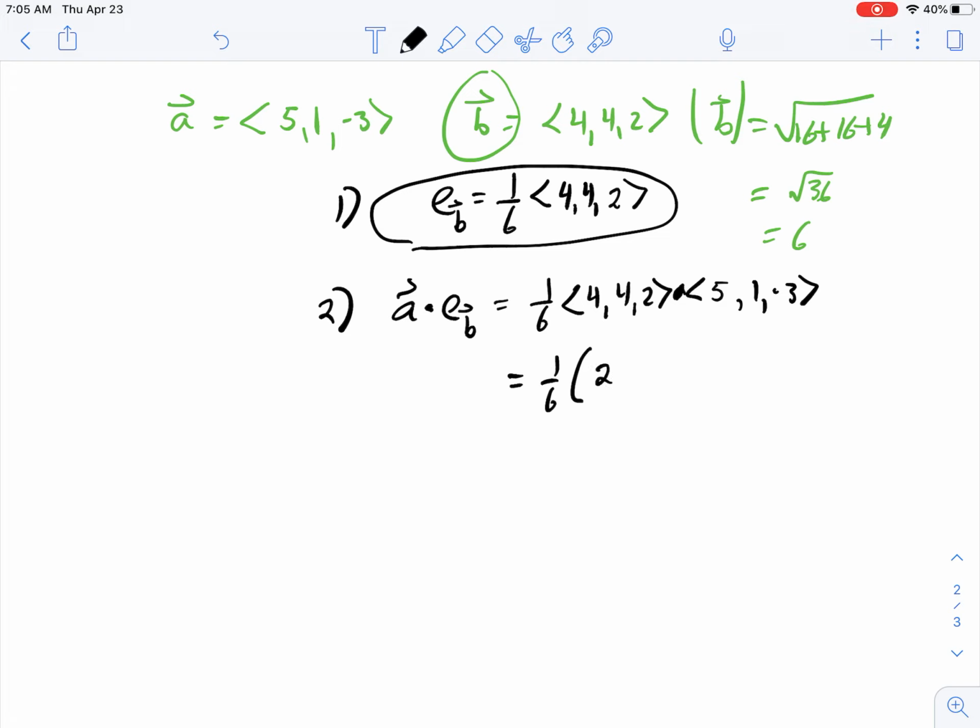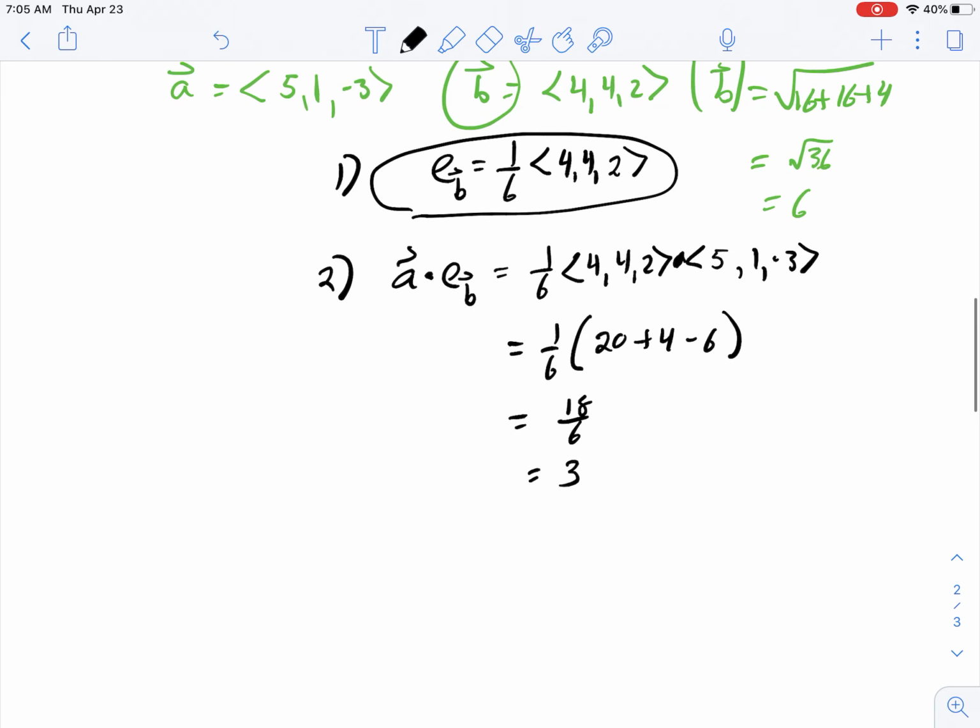So we have 1/6 times 20 plus 4 minus 6. That gives us 18 over 6, or 3. Now we're looking for the components. Here's the part that people always have trouble with, the third step. What do you multiply it by? Well, you multiply it by the unit vector.